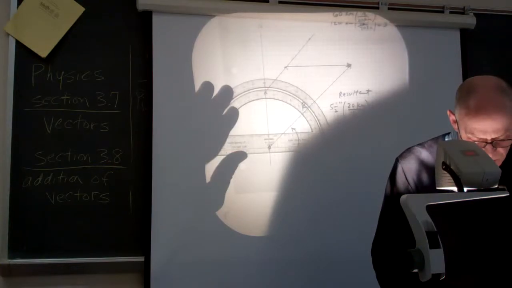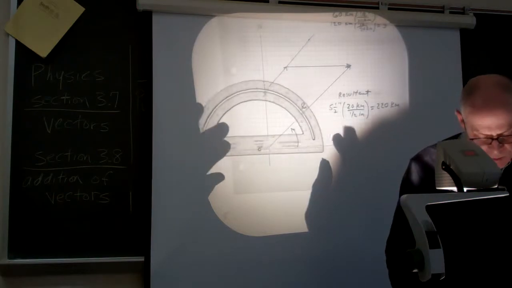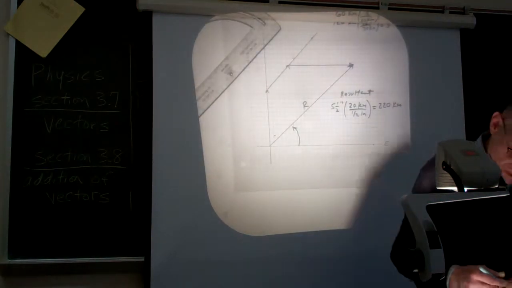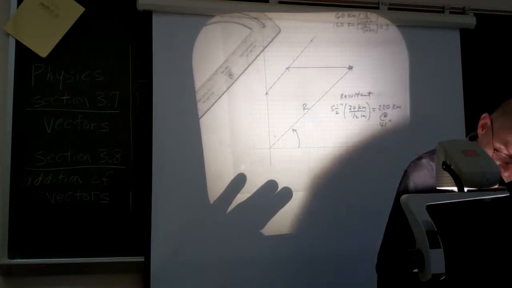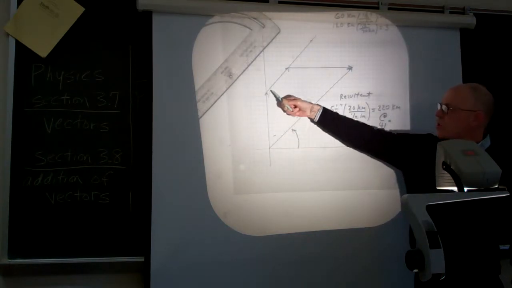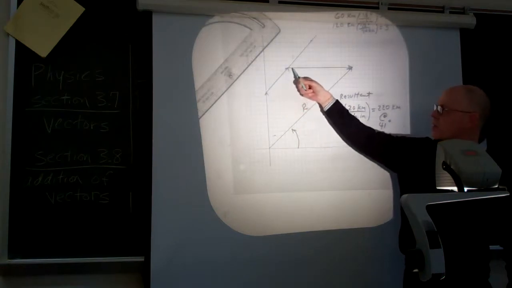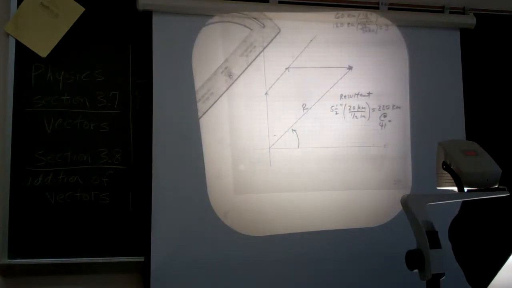I've got about 41 degrees. So the resultant is 220 kilometers at 41 degrees, which is the sum total of having gone that direction, that direction, that direction. So there's that example. The answers don't exactly match what's in the book, but pretty close. And there's a pretty good illustration of how to do it there on the top of page 48.